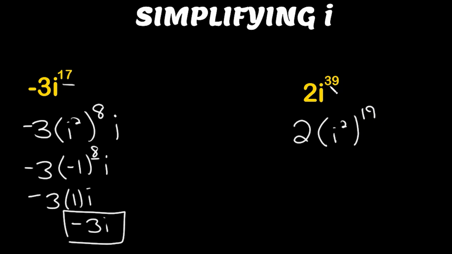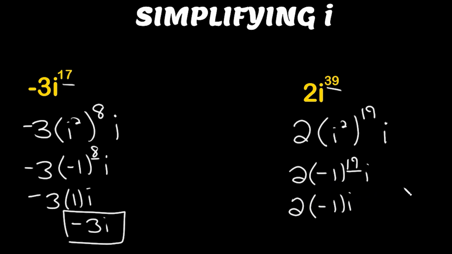I have to make this 39, so I'm going to include one more i right here. Then we're going to have 2 times, replace it with a -1, and then we have 19 and then i. I can see my exponent is odd, so -1 to the 19th power is going to return a -1. So 2 times -1 i, and my end result is going to be -2i. Okay, and that's it. That's done.